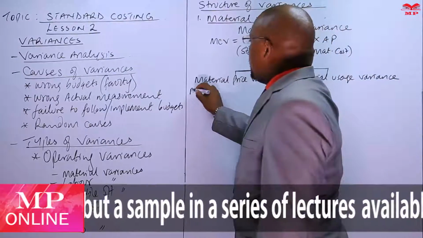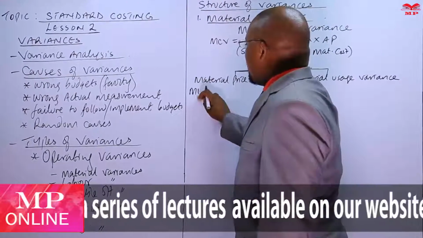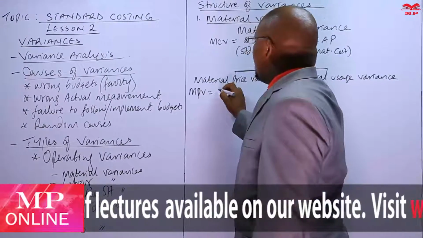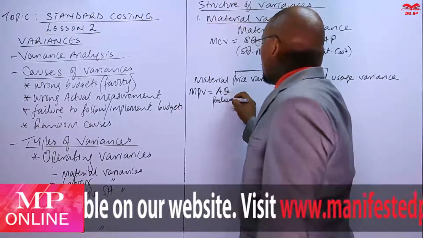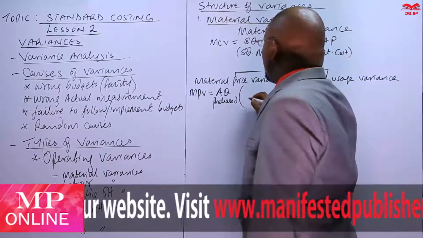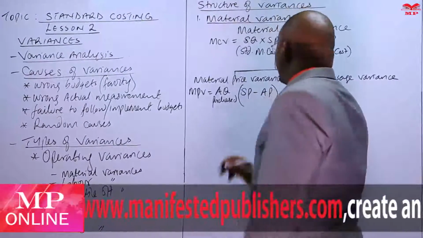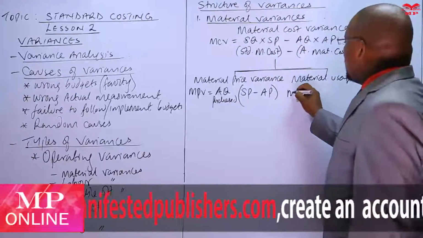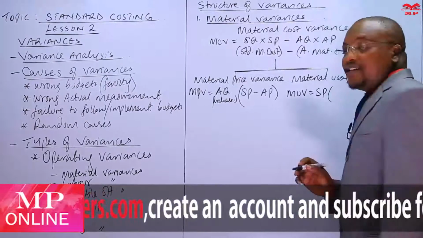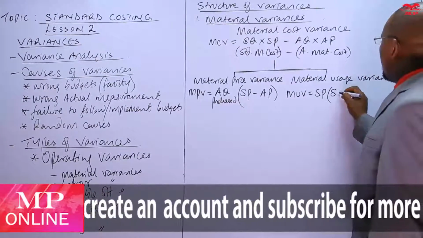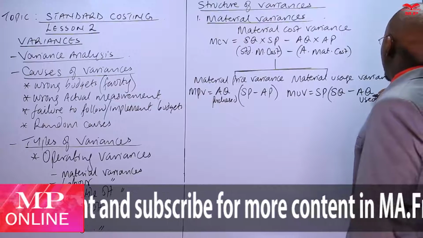The formula is material price variance given by the actual quantity purchased multiplied by the difference between the standard price and the actual price. While the material usage variance is the standard price, in bracket, the standard quantity minus actual quantity used.